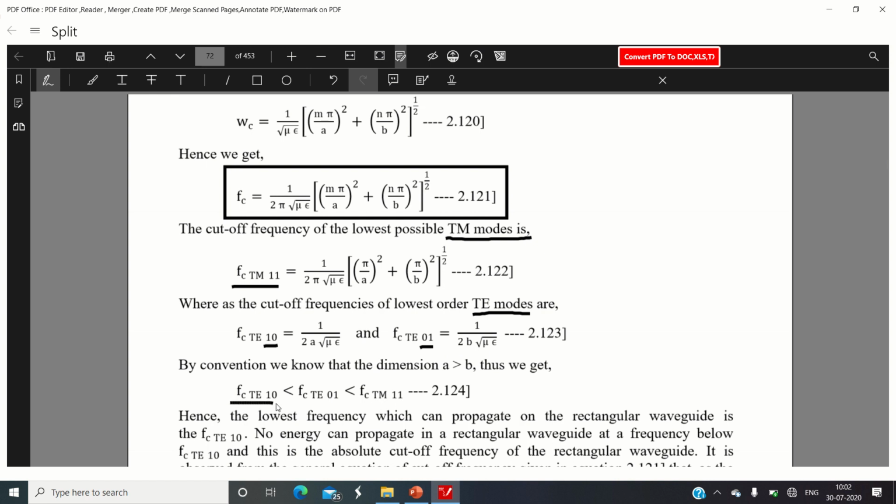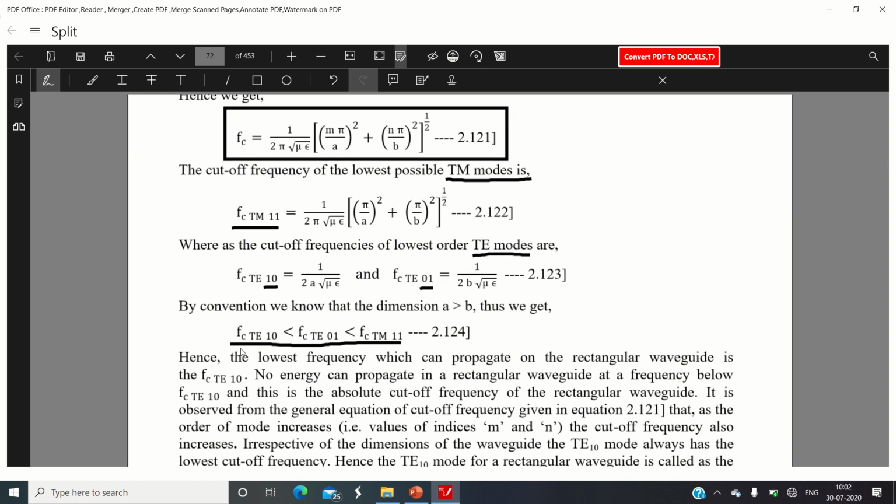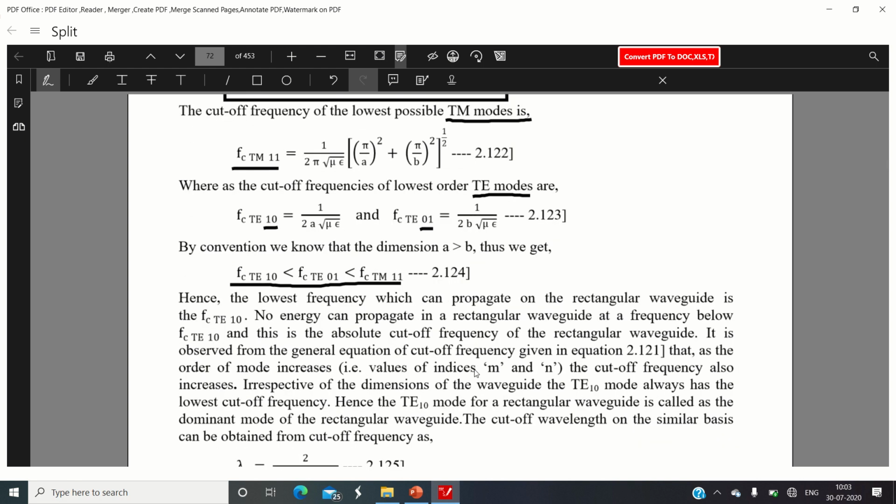So if you compare the cutoff frequency values in all these three different modes, of which two are TE modes and one is a TM mode, we will get this particular equation. Hence the lowest frequency at which a signal can propagate through the rectangular waveguide is TE10 mode.